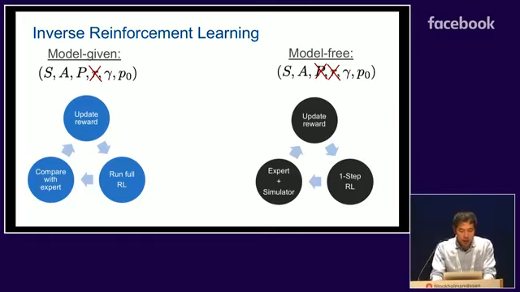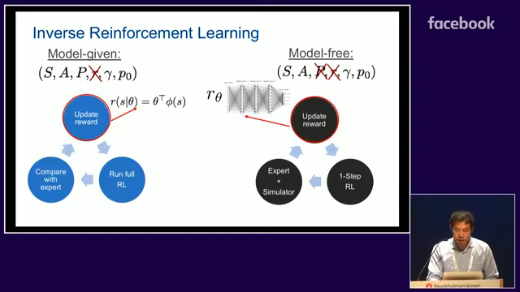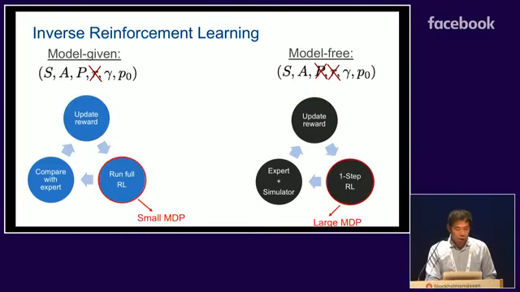In either case, the schematic of the inverse reinforcement learning solution is generally an iterative three-step process, where in each iteration, we're going to update our reward estimate, whether a linear or neural net representation. We go from solving a full reinforcement learning problem in each iteration, which basically limits us to small MDPs, to doing a single-step reinforcement learning update.